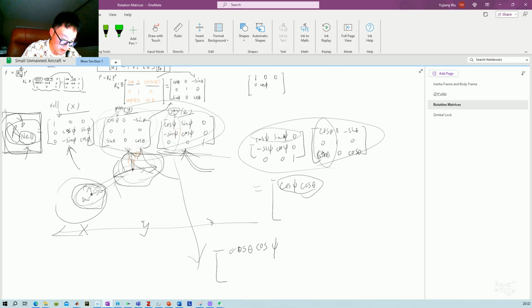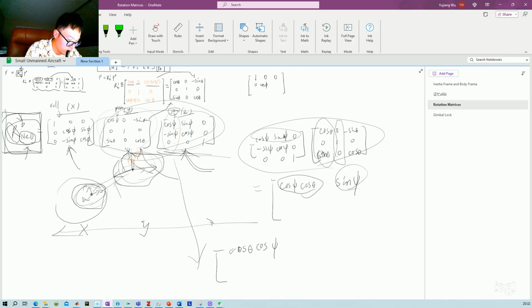The first one is actually the same. What about the second? The second one is like 0, sine phi, 0, right? So it's sine phi.